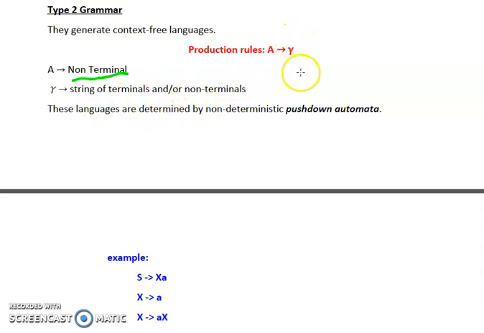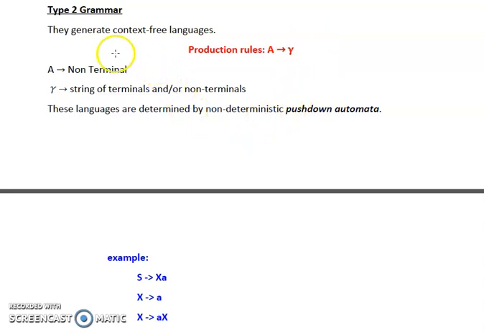That means on the right hand side, we can have a single terminal, a string of terminals, a non-terminal or a string of non-terminals, and also a combination of terminals as well as non-terminals. So from the production rule, it is clear that on the left hand side there is only one non-terminal, and on the right hand side we can have any combination of terminals and non-terminals.